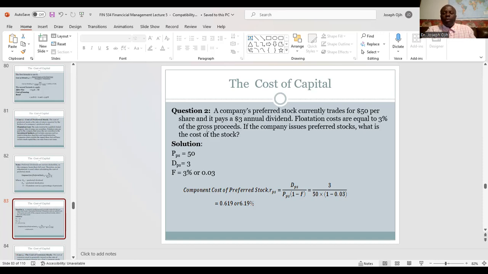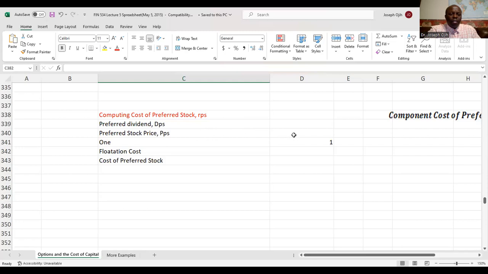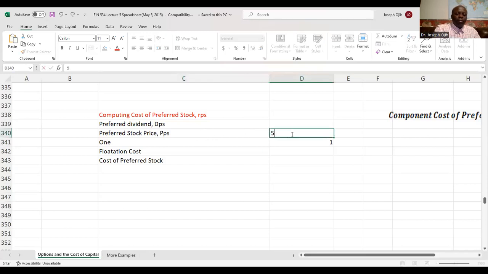So let's put the information we are given in Excel, because that will make it easier for us to calculate the cost of the preferred stock. The company's preferred stock trades at $50 per share, so the preferred stock price is $50.